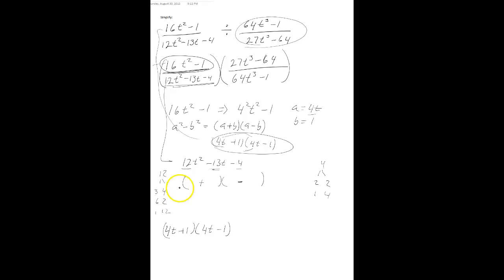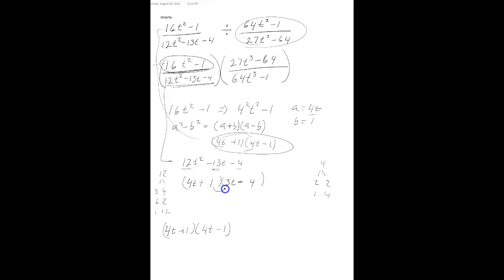You're just going to have to continue to work through this by trial and error to pick the right numbers. It took me a couple of times when I was working this problem to get it correctly. But what it works out to be is 4t plus 1 and 3t minus 4.